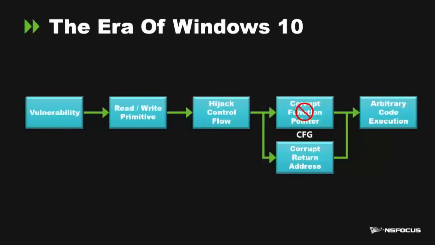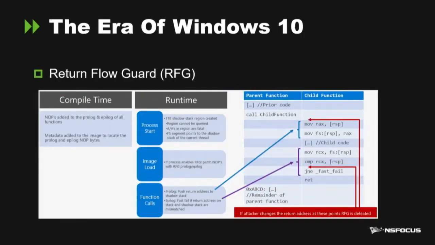So with CFG, we can't simply corrupt the function pointer because the corrupted target will not be a valid one. So one way was blocked. There was still the return address problem. So there's RFG. For some reason, RFG has not been released yet because the current software-based implementation is not secure enough.